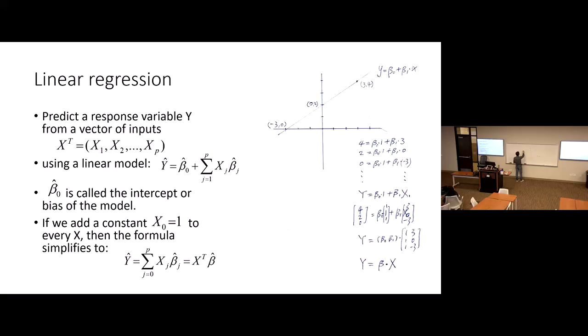Three rows, the intercept is always here. So negative 3, 0, because that's my first sample, that point. I have a second, 0, 2. I have a third point, 3, 4.